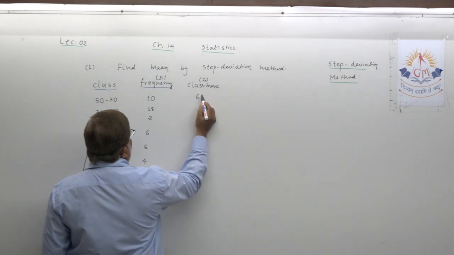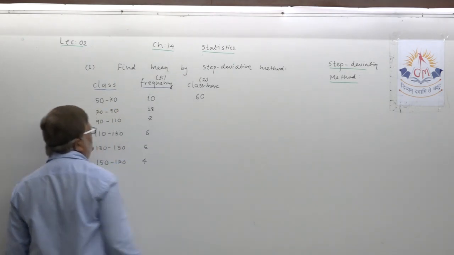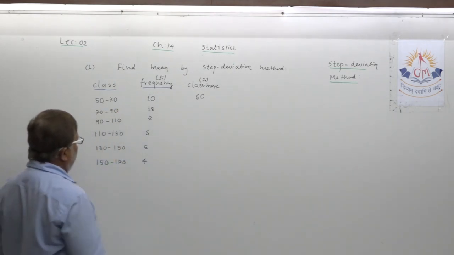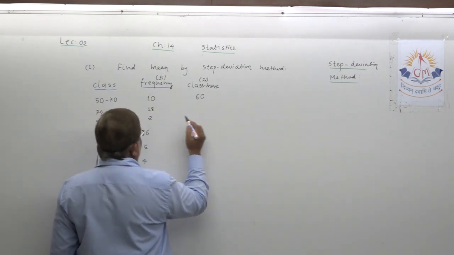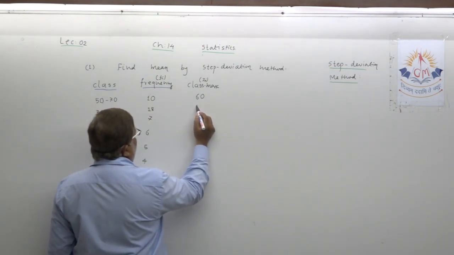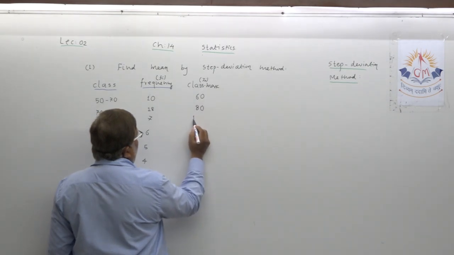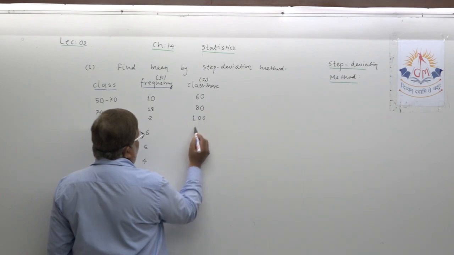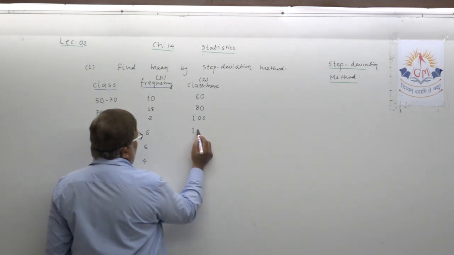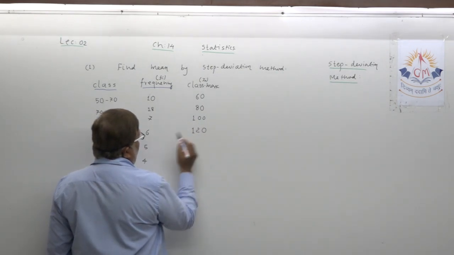The class mark of the first class is 60. Because the class length, class height is 20, go on adding 20. 60 plus 20, 80. 80 plus 20, 100. 100 plus 20, 120.